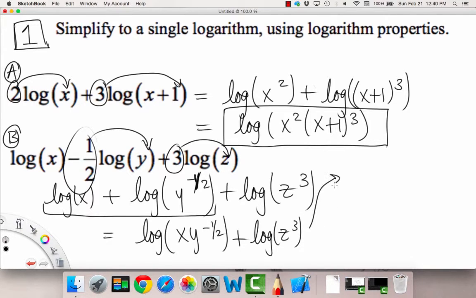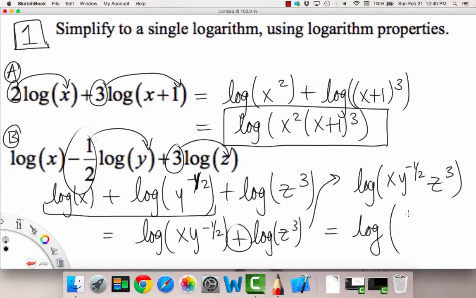Now we have an addition again, so we apply the sum property of logs again. Now we have log of x times y to the negative 1/2 times z to the third, and finally I'm going to write this in a more understandable form: x z to the third over y to the 1/2, also known as square root of y.